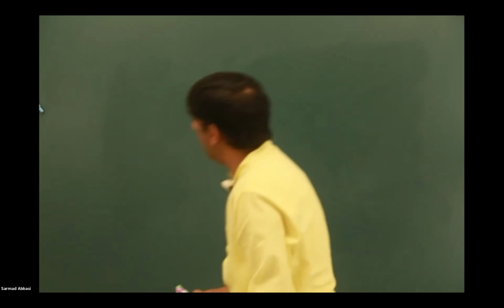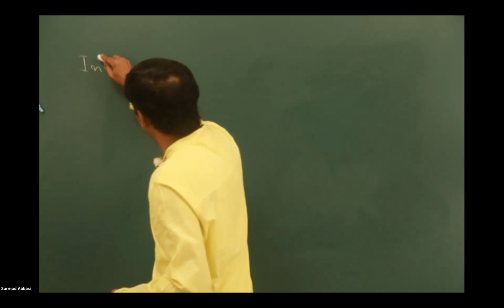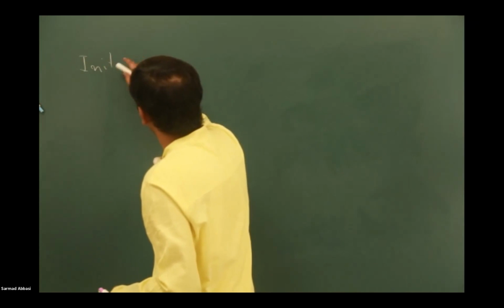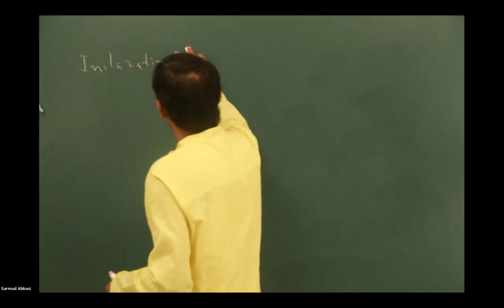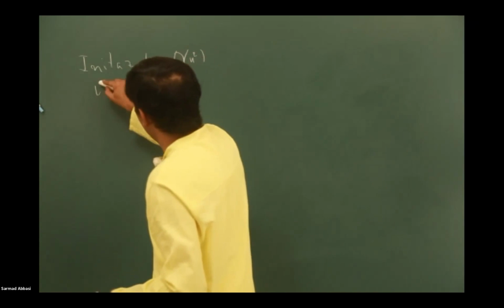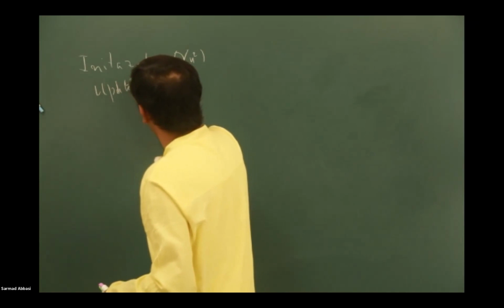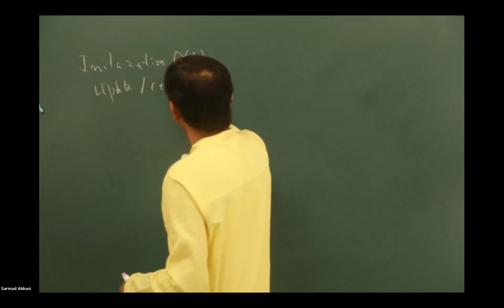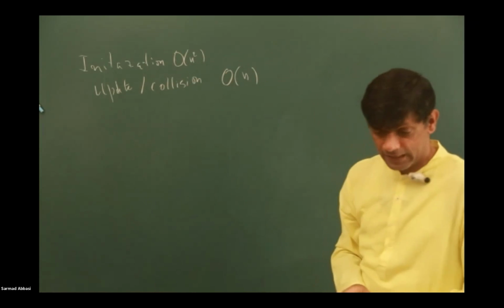So with this method, initialization is order n squared, and update per collision is order n. Okay, all right.